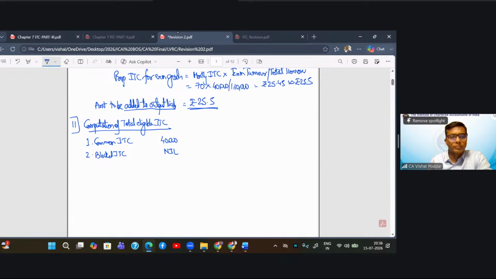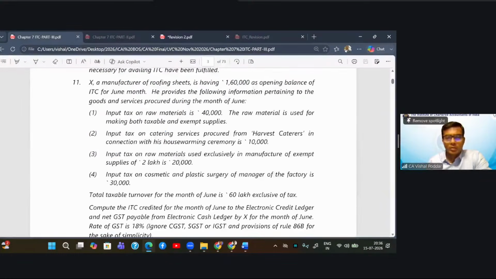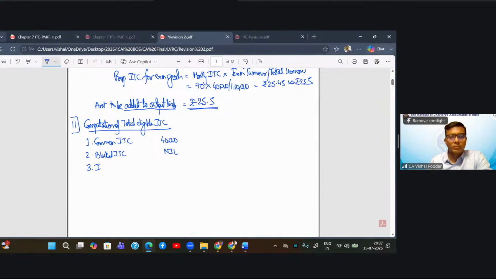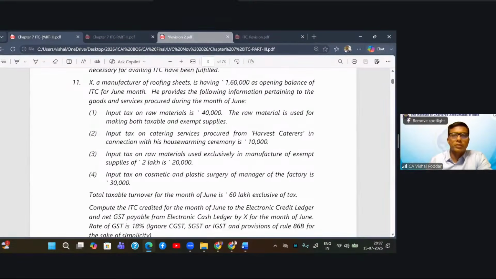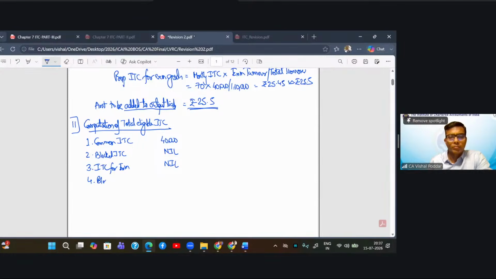Correct. Exclusively manufacture of exempt, again, this is not eligible. Cosmetic surgery again blocked. So total ITC 40,000. Correct.